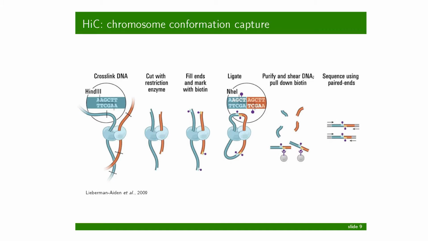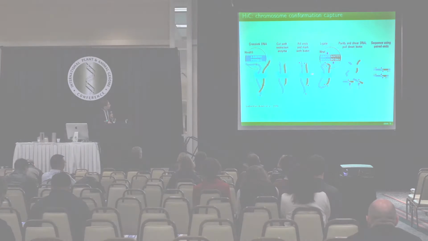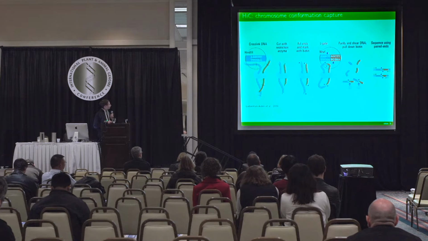During the fixation step, DNA molecules that are close by in the nucleus in the 3D structure are cross-linked. And then during the ligation, these chimeric molecules are formed that contain DNA sequences from different locations in the genome.